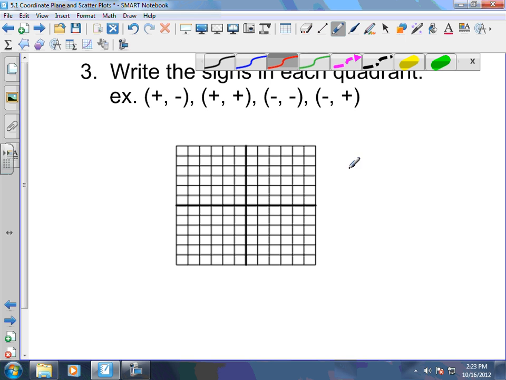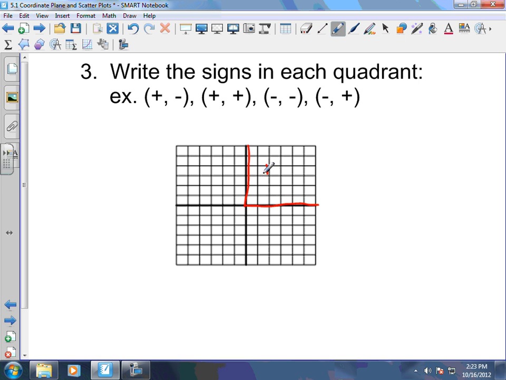Okay. The x on here is positive. The y over here is positive. So this quadrant, number 1, is positive, positive. The x values over here are all negative. However, going up the y-axis, that's positive, so it's negative, positive. Remember, the x value always goes first.